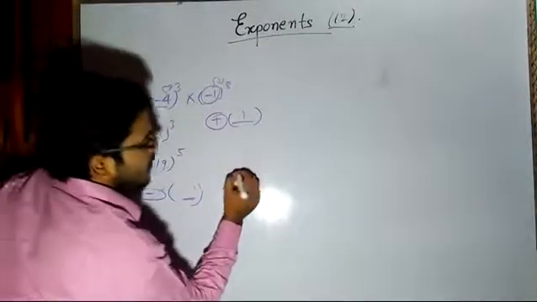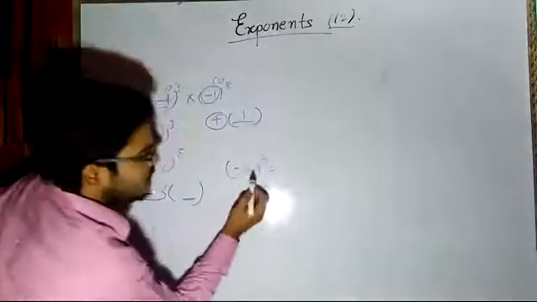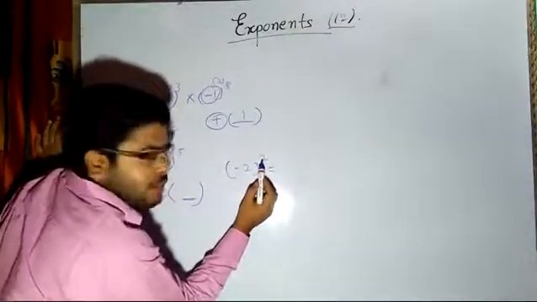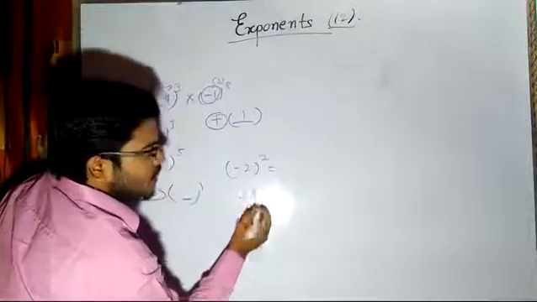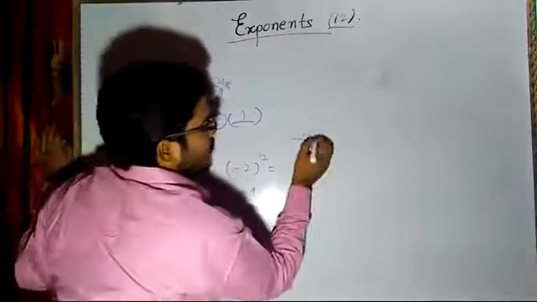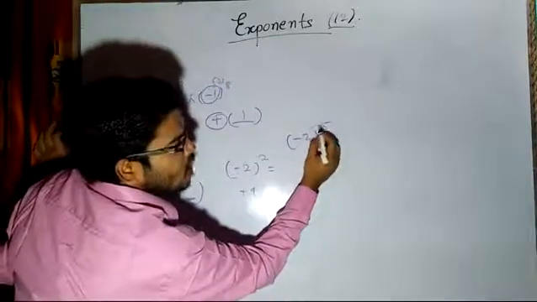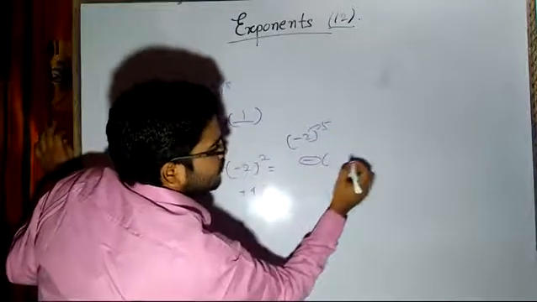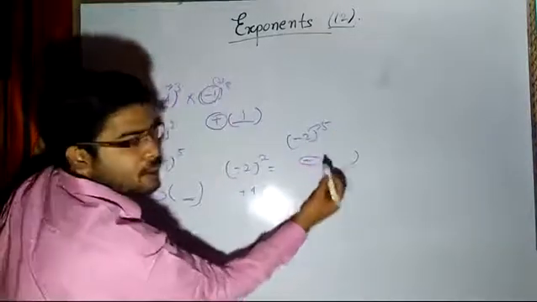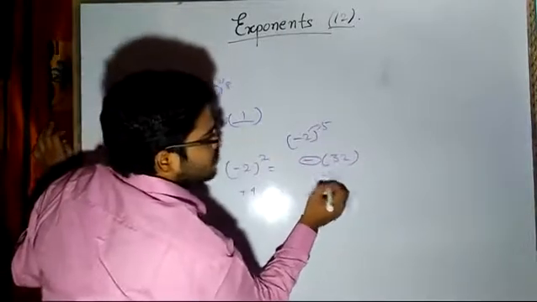If I have minus 2 raised power 2, this is a negative number with an even power, so the answer will be positive. 2 into 2 is 4, understood? If I have minus 2 raised power 5, this is negative, and 5 is an odd number, so my result will be negative. 2 raised power 5 is 32, so your answer will be minus 32.